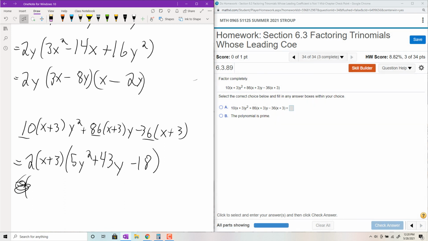So what are we dealing with then? 2 times x plus 3 times, and it's going to be plus minus, and we're thinking something like 5 and 1, and we need to get 43, so probably 9, because 9 times 5 is 45, it's close to 43, and 5, right?